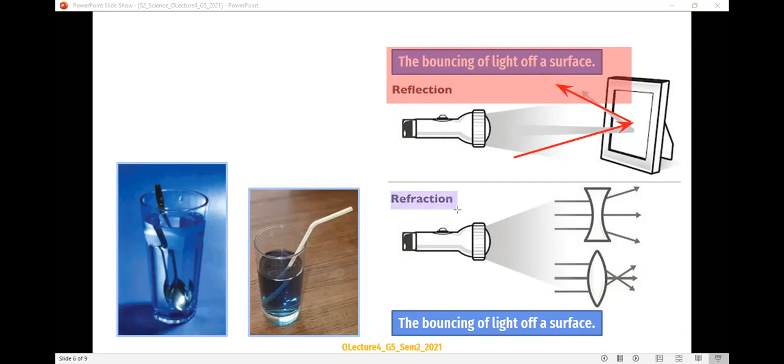This is refraction. It's not when light bounces off. This is wrong. So please pay attention. I made this wrong. Okay? It's not when light bounces off a surface. It's when light changes its direction. It's when light changes its pathway.